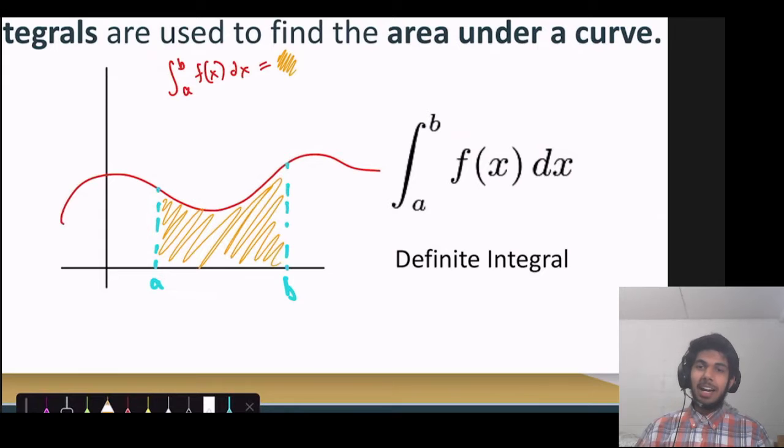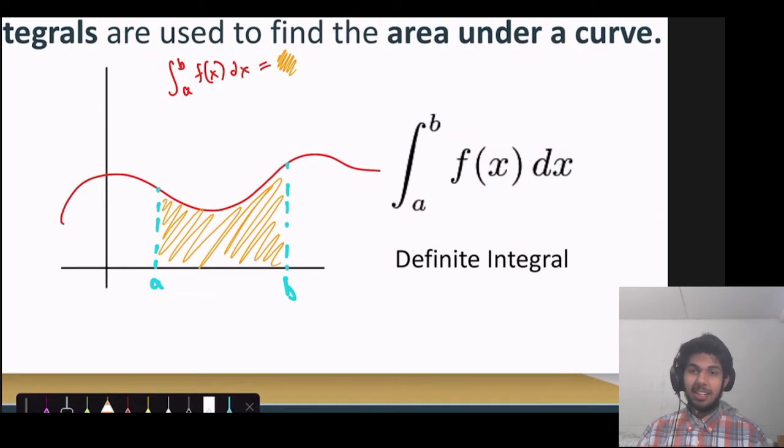And now we can see how these integrals relate to Riemann sums. If you remember, when we learned about Riemann sums, we were interested in finding the area under a curve, and we used a bunch of tiny rectangles and tiny trapezoids to find the area. That's exactly what we're doing here.